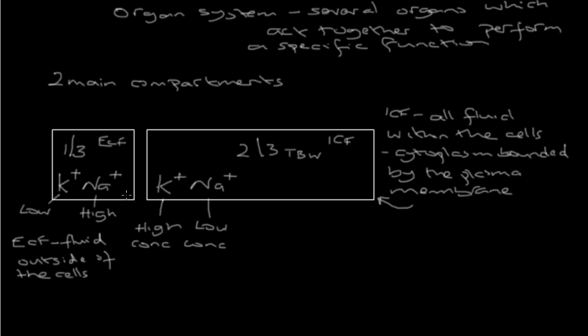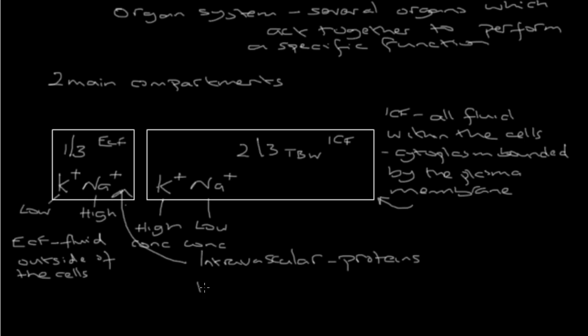The ECF, or the extracellular fluid, can be further divided. There's two more divisions for it. You've got the intravascular fluid, which has got proteins in it, which play an important role in fluid balance.